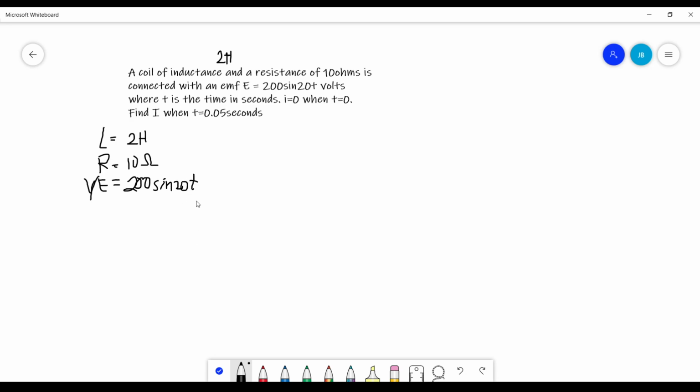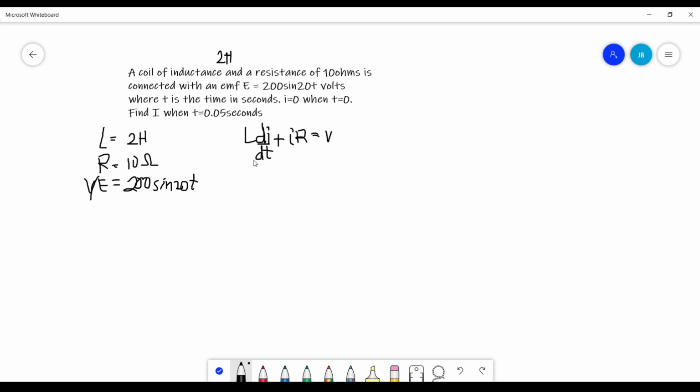Okay, so using once again Kirchhoff's law, which is derived like this, you will automatically have inductance multiplied by the derivative of the current with respect to time plus IR is equal to V. Or E, no problem, you can use anything.